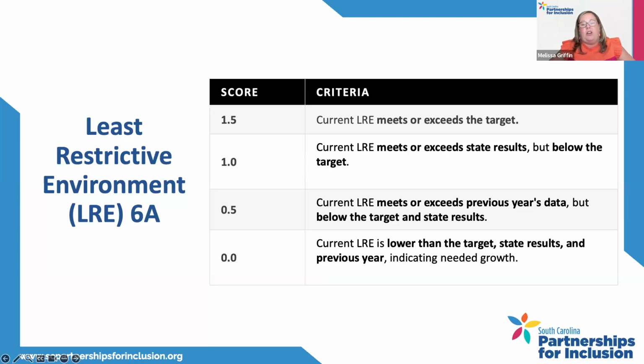So you can see here, 0 would be the current LRE is lower than the target, state results, and previous year indicated needed growth. 0.5 would be that it meets or exceeds previous year's data but does not meet the target and state results. 1 would be that it meets or exceeds state results but below the target. And 1.5 would be that it meets or exceeds the target. So that would be how many points you would get for 6A. Next slide.